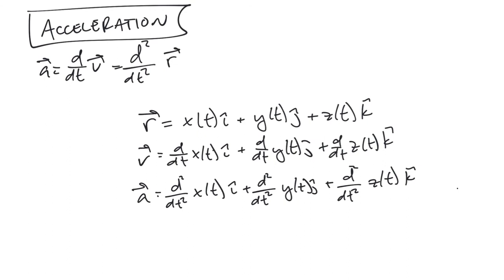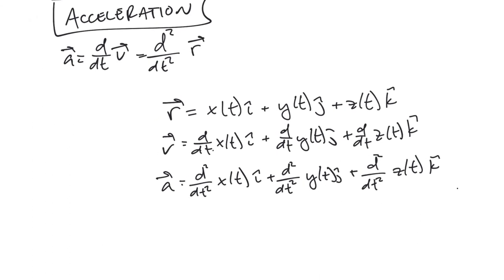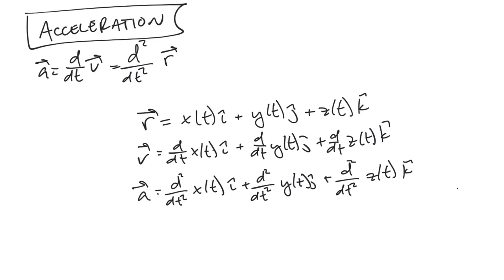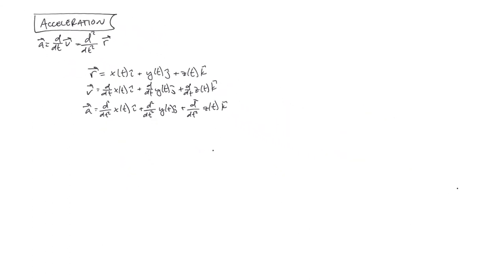So if we were going to take this and apply it to the previous problem we did, I'm going to make this smaller. And we said our x was 2 minus 0.25 t squared, and our y was t minus 0.075 t cubed.